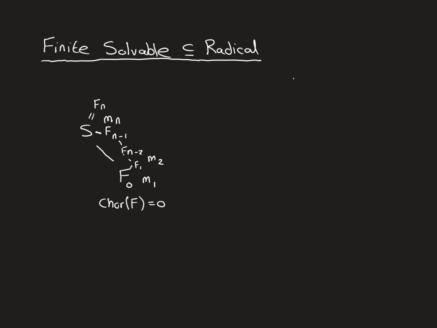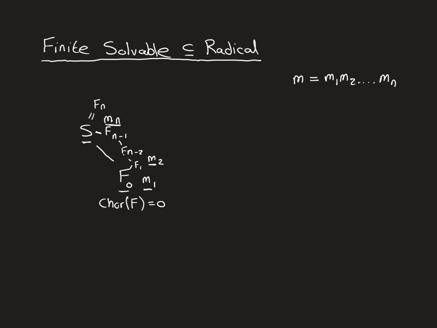Now I'm going to define overall m to be m1 times m2 all the way up to mn, so the product of all of these degrees, which would then, of course, be the degree of S over F. If this extension has degree m1, this extension has degree m2, all the way up to mn here, then the overall extension S over F has degree m, which is equal to the product of all of these.